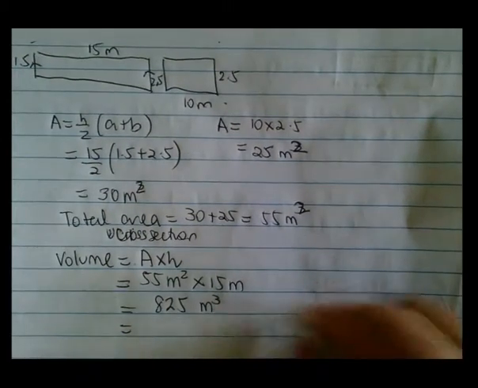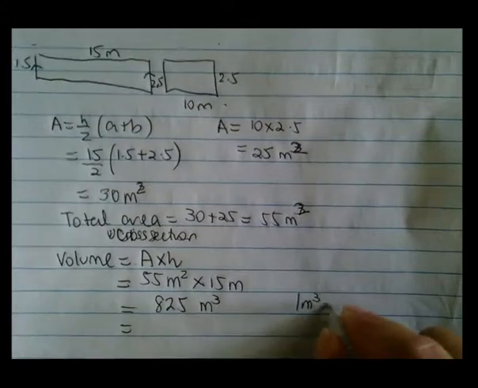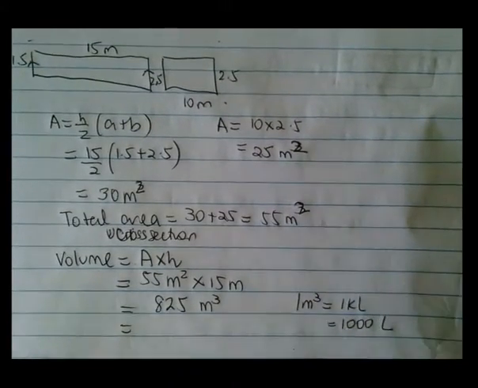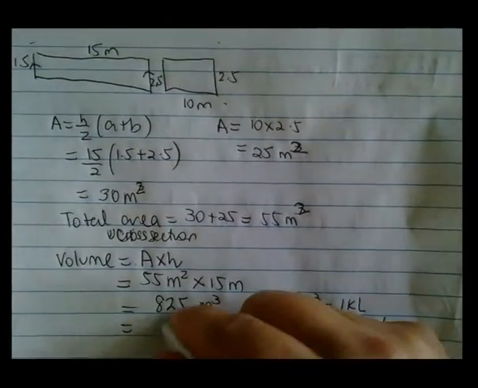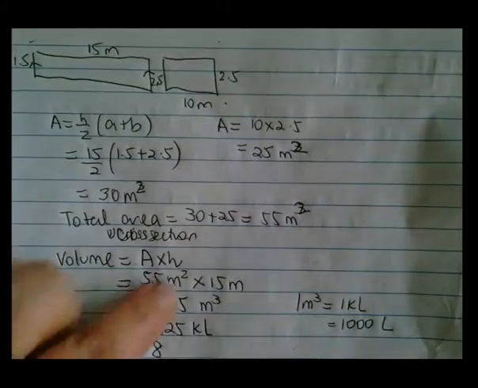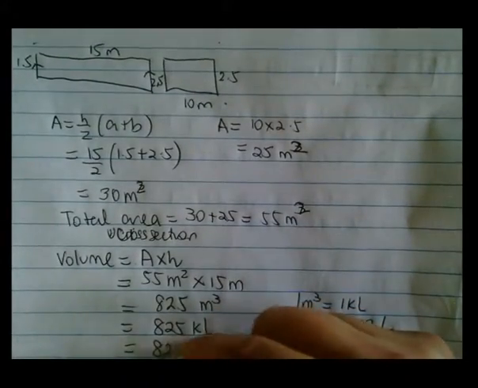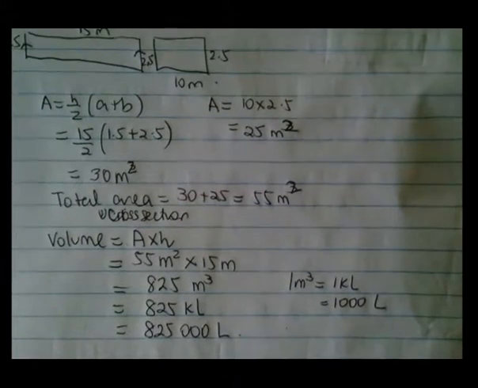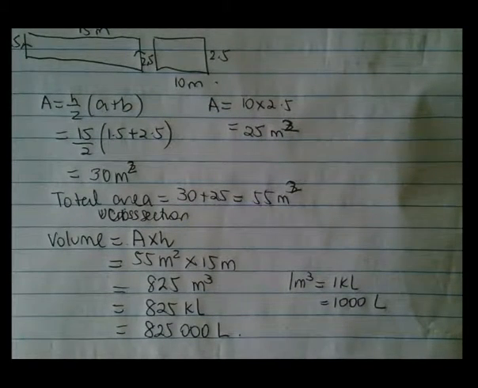We use the conversion 1 meter cubed is 1 kiloliter or 1,000 liters, because kilo means 1,000. So we can say that's 825 kiloliters, or just multiply it by 1,000 straight away. 825,000 liters. That really is your capacity, but you can say it's your volume in liters. Look, you're used to volume being in liters, mils, etc. Anyway, okay?